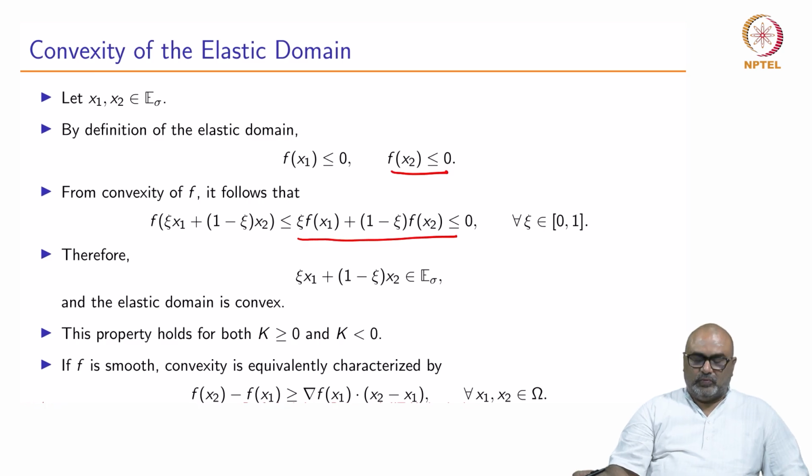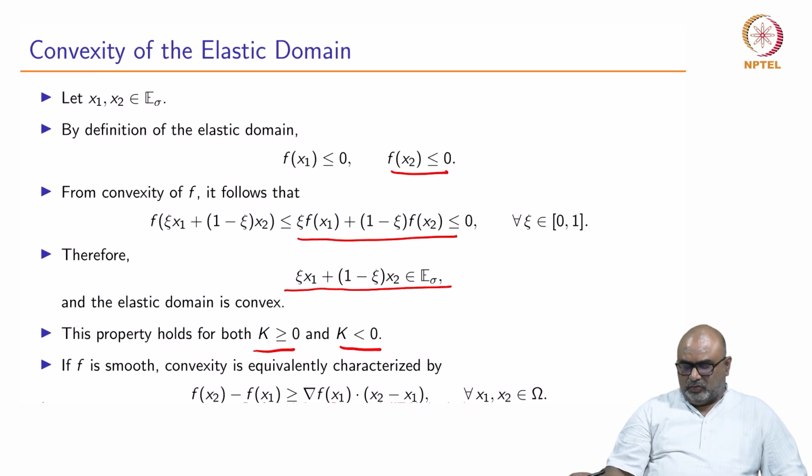Therefore, xi times x1 plus 1 minus xi times x2 belongs to the elastic domain E of sigma, and the elastic domain is therefore convex. Now, the property holds so long as k is greater than or equal to 0, and fails for k less than 0. If f is smooth, convexity is equivalently characterized by f of x2 minus f of x1 being greater than or equal to the gradient of f at x1 times x2 minus x1, for all values of x1 and x2 belonging to that particular domain.